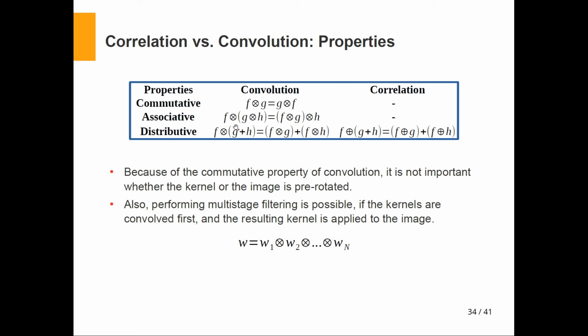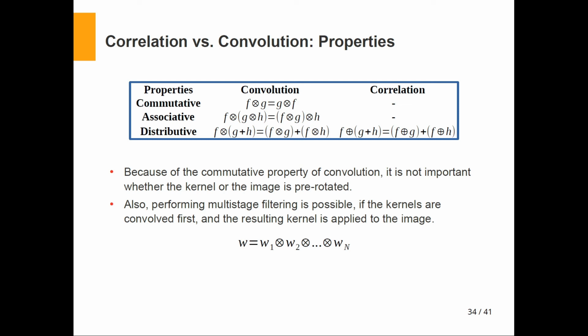So as you can see, it doesn't matter whether we first find the convolution of f and g and then convolve the result with h, or if we calculate the convolution of g and h first and then convolve the result with f. But again, we cannot say the same thing about the correlation.